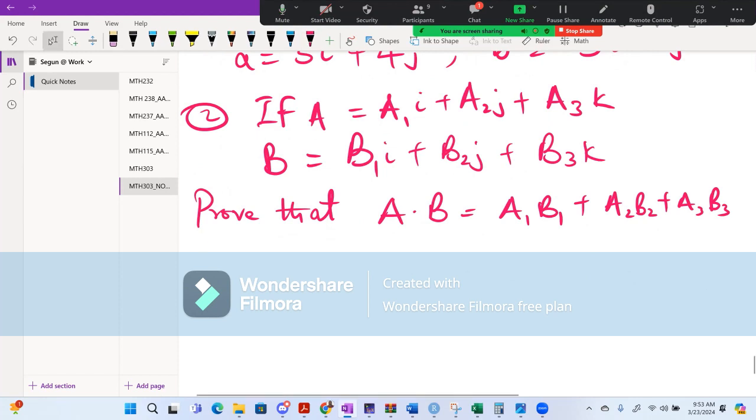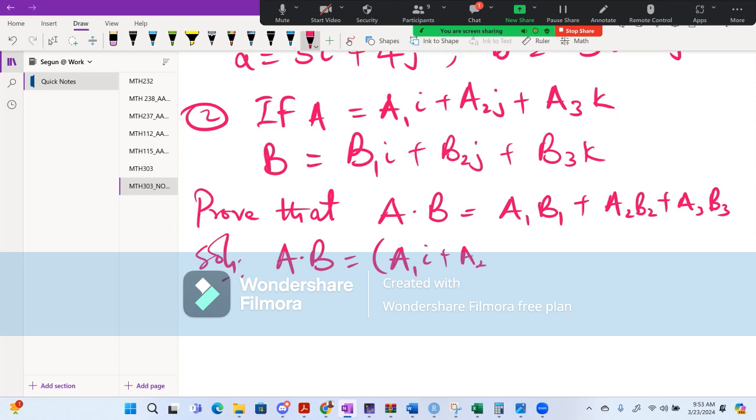A dot B means use A to dot B: A1I plus A2J plus A3K dot B1I plus B2J plus B3K.